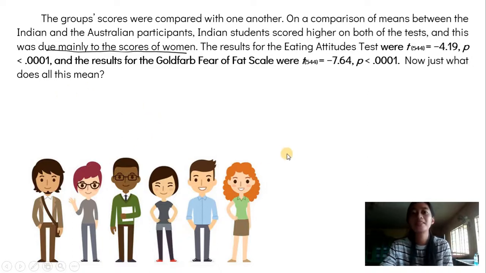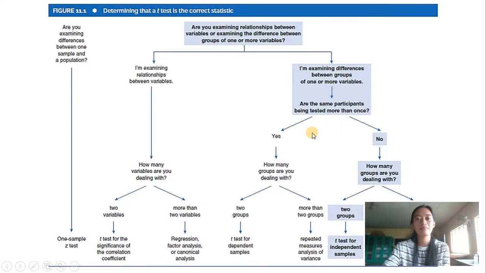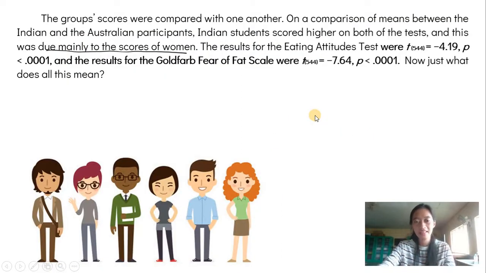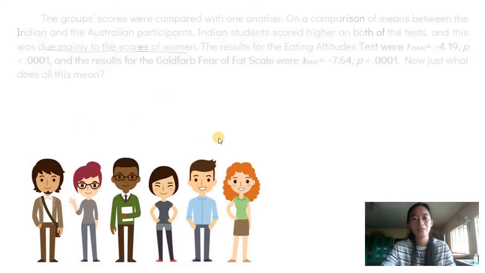Parang numbers kay tanan, no? You will see later what these small numbers mean, and this number here, and this number here. In their study, they compared two groups, one from the Australian group and the Indian group. So they're different, independent groups.